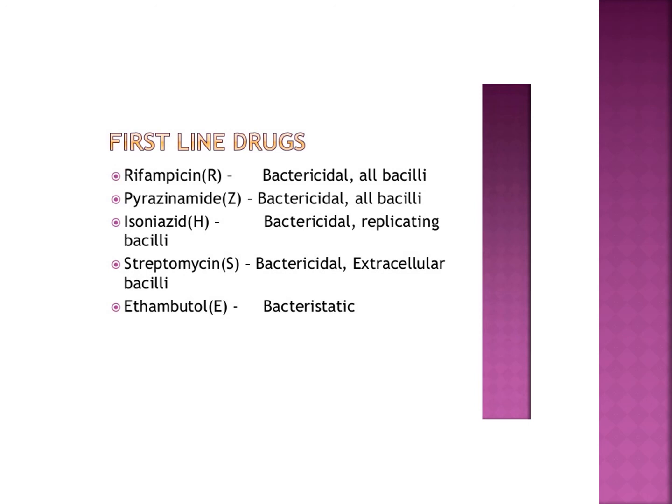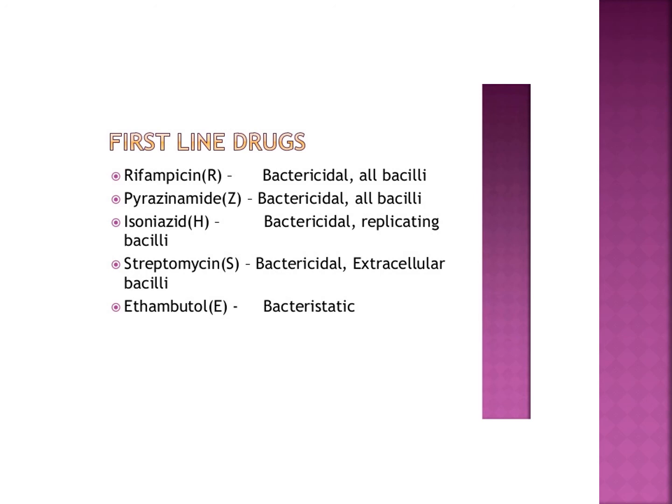The second line drugs are also a therapeutic choice if patient is somewhat having contraindication to any of the first line drugs of Mycobacterium tuberculosis treatment. So second line drugs include levofloxacin, moxifloxacin and nowadays linezolid.